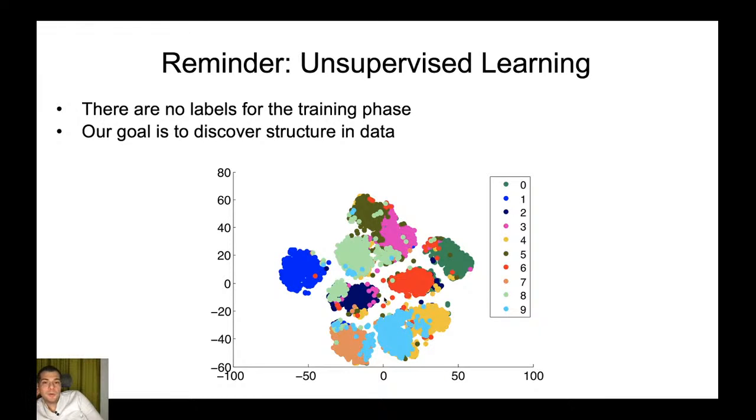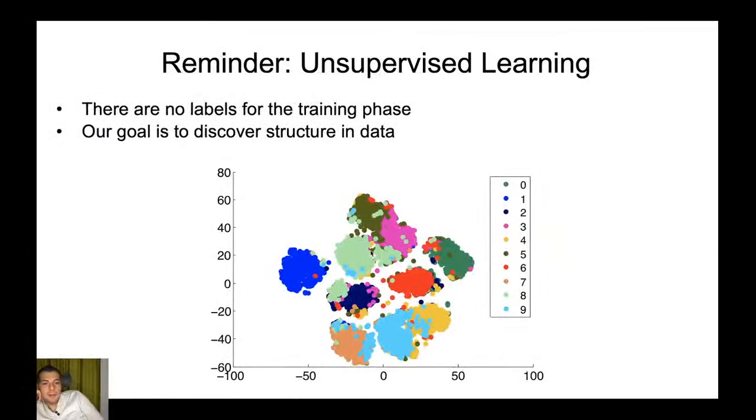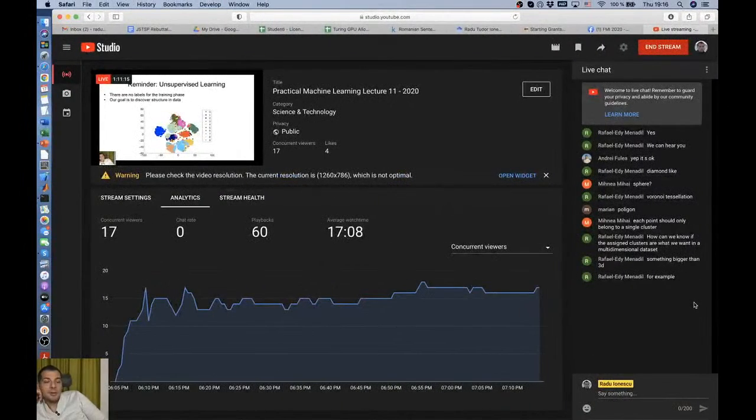Perhaps the most meaningful way to analyze the clustering result would be to look at the ground truth labels. Okay, so MNIST is bigger than 3D. It has 784 dimensions, so you can do that.